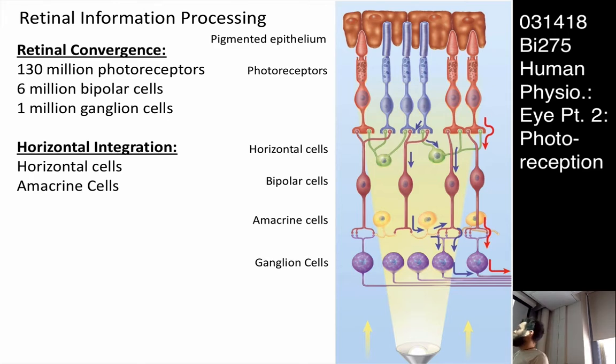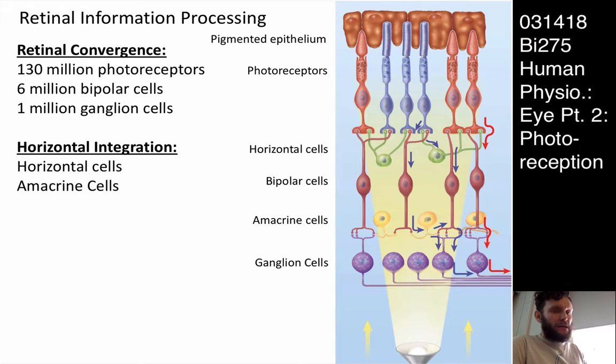But in terms of vertical information processing or convergence, 130 million photoreceptors is the typical number that is monitored by only 1 million ganglion cells. All right, 6 million bipolar cells, and then 1 million ganglion cells.